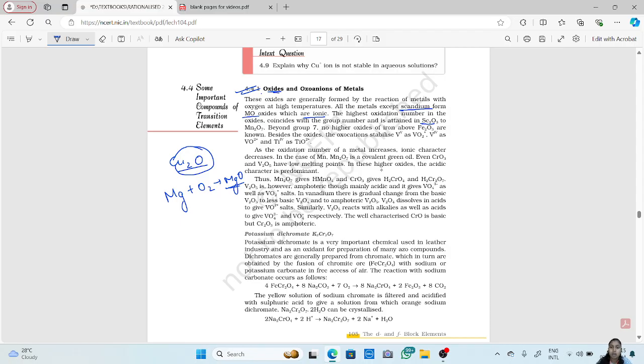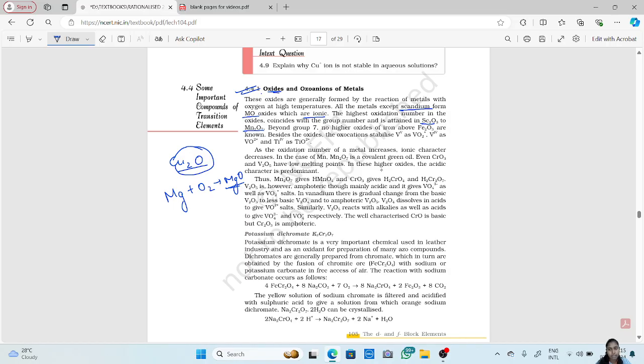The highest oxidation number in the oxides coincides with the group number. Scandium has an oxidation state of +3, so it is Sc2O3. Manganese has a highest oxidation state of +7, so it is Mn2O7. So beyond group 7, no higher oxides can be formed.